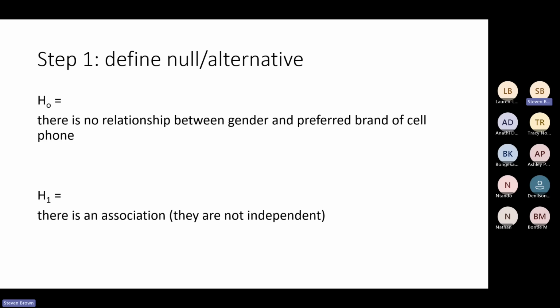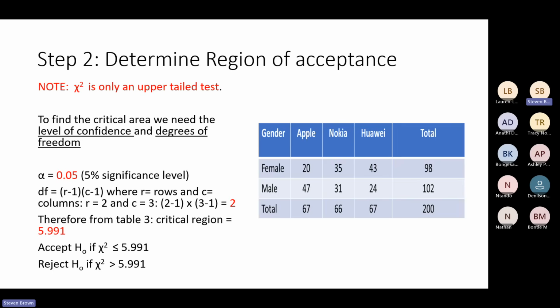So what are we doing in this test? We're trying to find, with a certain level of confidence, whether there's an association or not between gender and brand. So the first thing we do, that was step 1. Step 2: we first of all need to understand that this funny little symbol is chi, and it's called a chi-square test, and it's only an upper tail test.